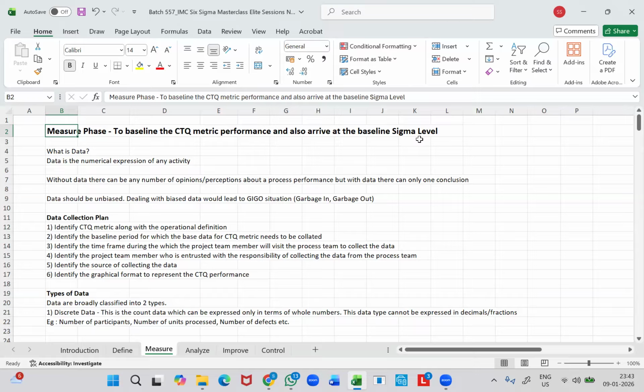Some people may say that it is mediocre. But if you have measured the accuracy percentage of the process as 96%, it is nothing more or nothing less than 96%. So with data, we can always come up with a conclusion. But without data, it will give room for various opinions or perceptions about a process performance. You could understand this particular aspect, right?